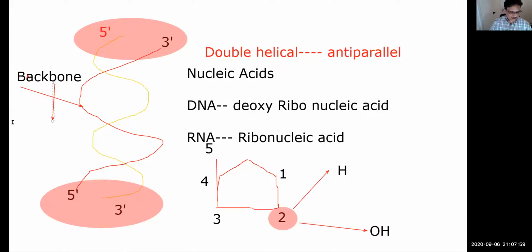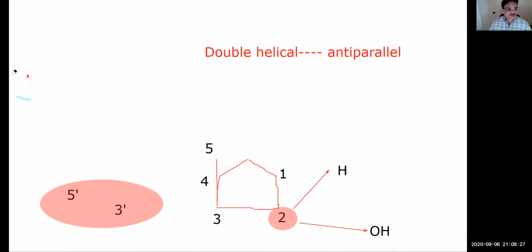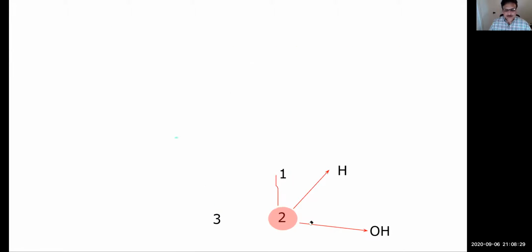This backbone is made up of two things. Number one, ribose sugar. The second thing is phosphate. Now the question comes, how are they attached? They are attached by a covalent bond called the phosphodiester bond. So let's draw another two sugar moieties of DNA.